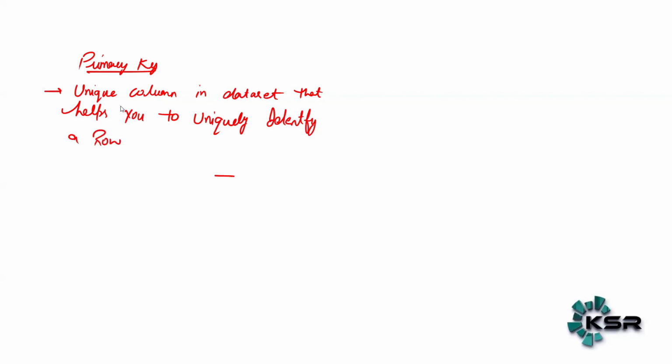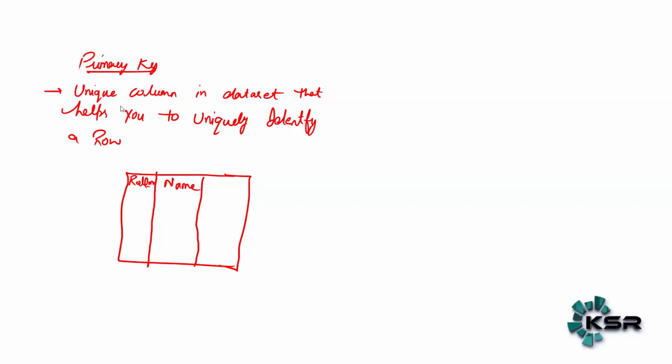Suppose you have a table. This is your table. So here you have student roll number, name, and suppose section.